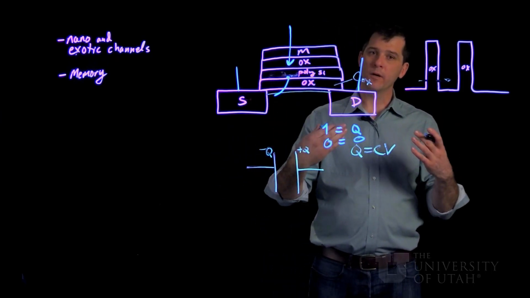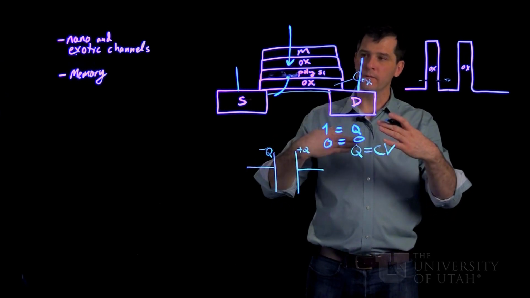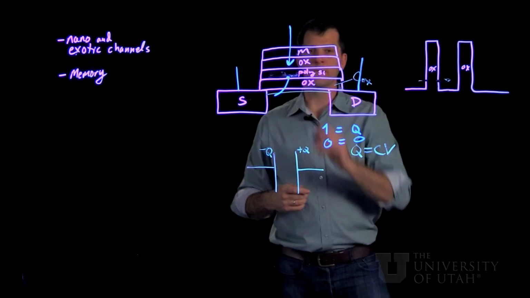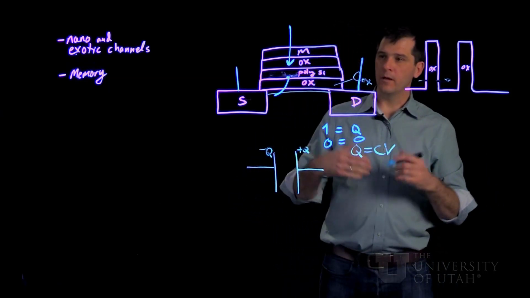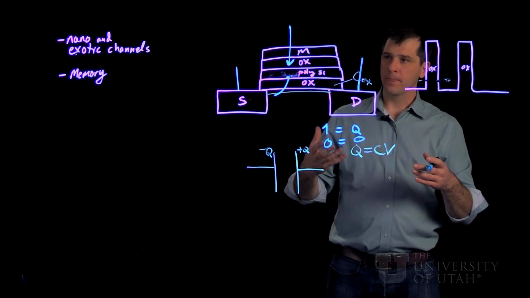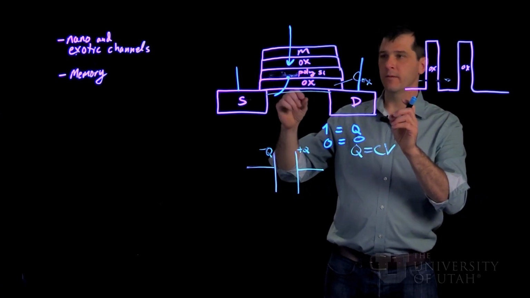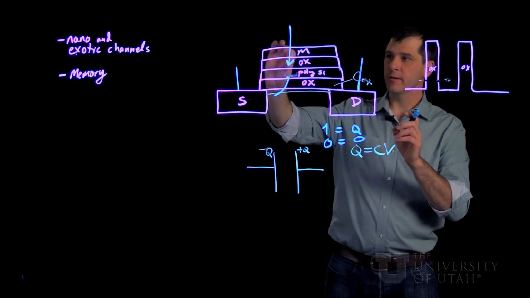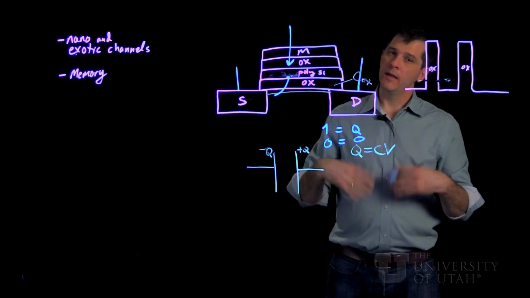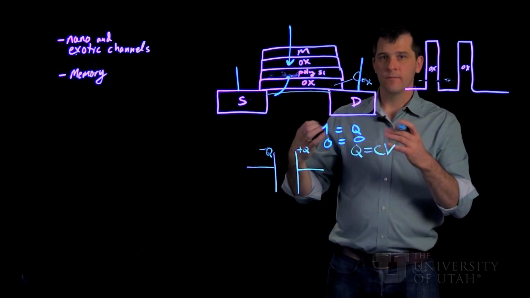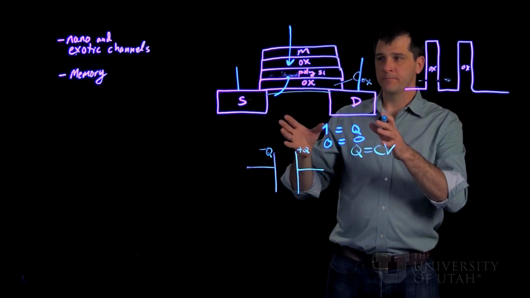So by applying sequences of right voltages, you can program this type of MOSFET, which is sort of like a MOSFET combined with another gate on top of it. And you can permanently program the state of that memory element.